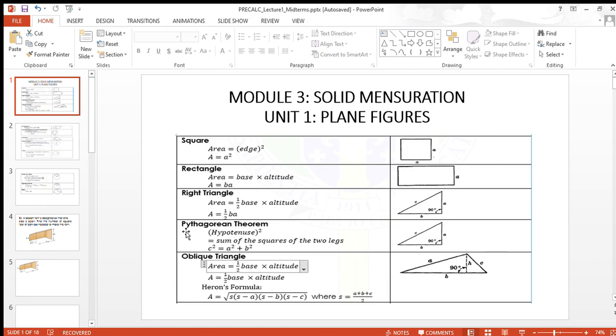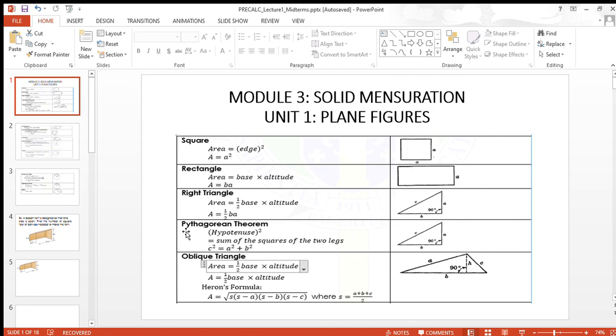So when we say solid mensuration, we are after measurements of solids. And to begin with, before we consider measurements of solids, let's review measurements of plane figures. These things are quite familiar to you already.